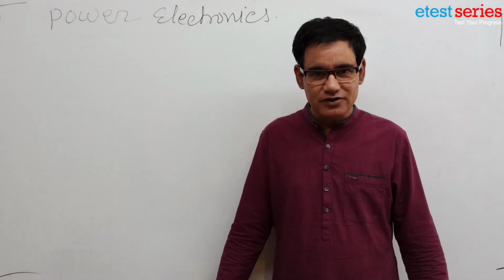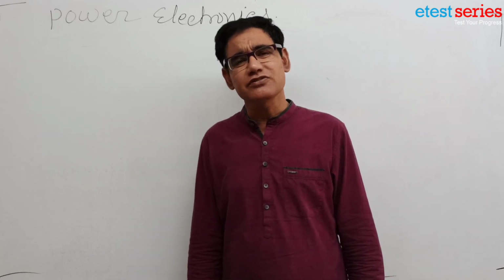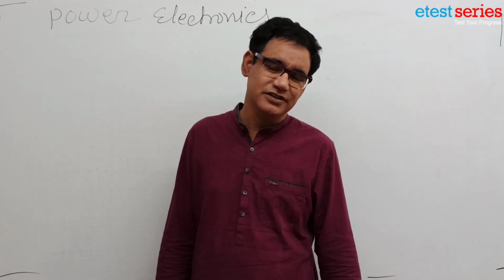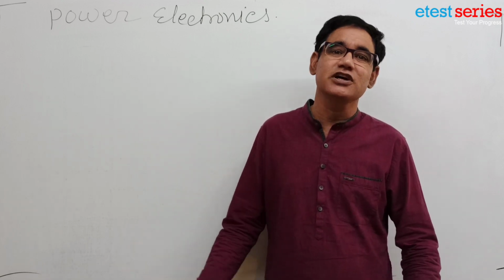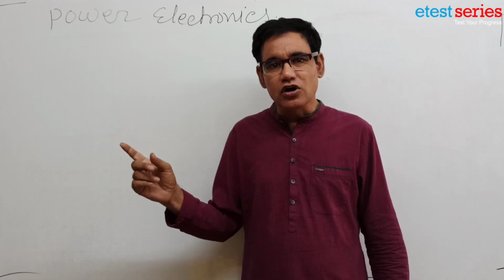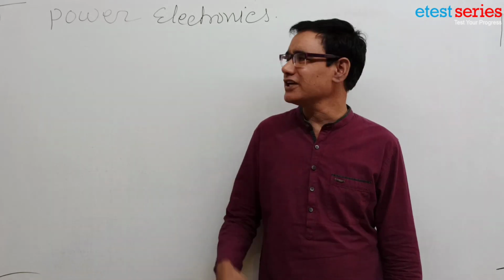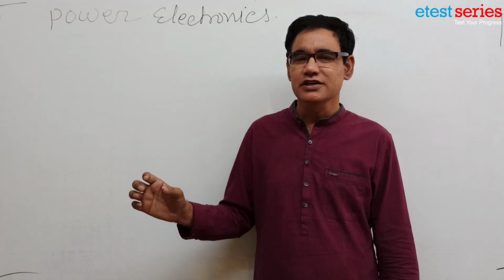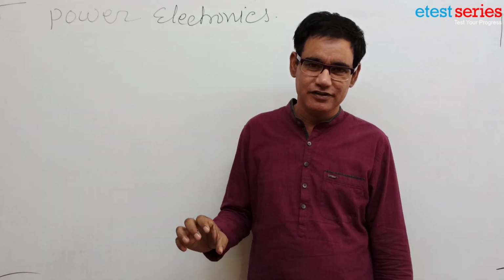In the next lecture we will deal with the SCR. What the SCR is, what the structure of the SCR is, how the SCR gets turned on and what the characteristic of the SCR is. In the next lecture we have covered the firing circuit of the SCR.